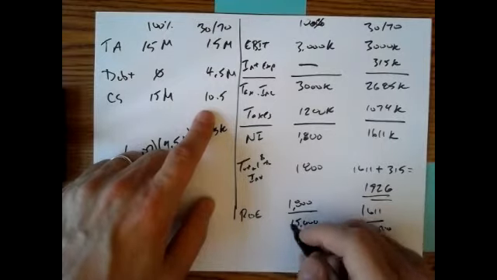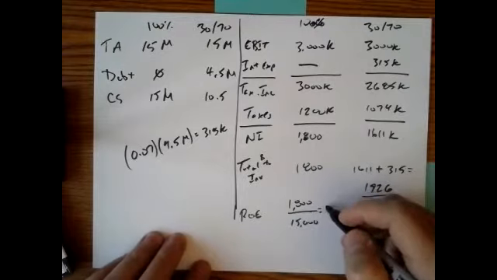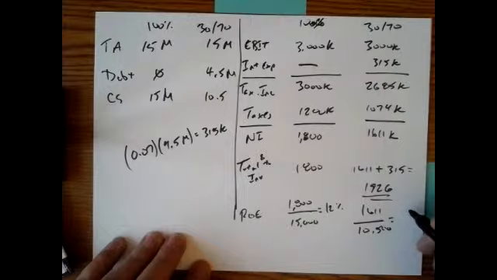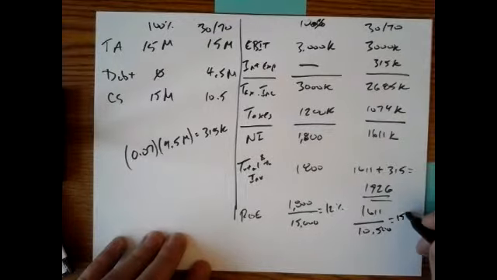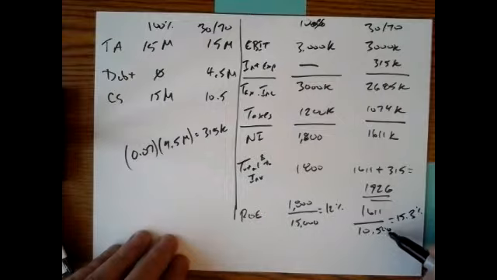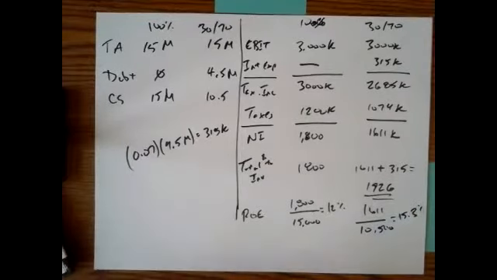So 1,800 divided by 15 million is 12%. 1,611 divided by 10.5 million is 15.3%. So by reducing the denominator more than you reduce the numerator, you wind up driving up the ROE. And let me see, what else are we asking?